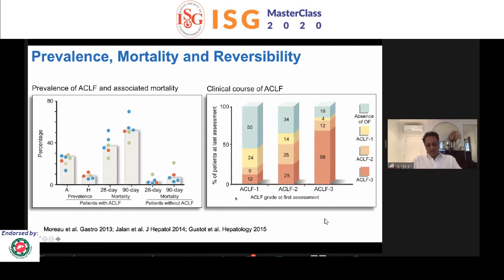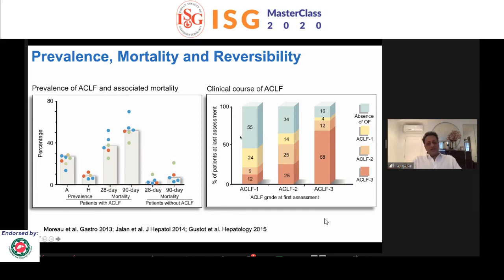And if you look at this slide here for a minute, what you've got on the x-axis here is patients in different ACLF grades, okay? And on the y-axis is the percent of patients at the last assessment. So of all the patients that came in with ACLF, nearly 55% will develop no ACLF, and the risk of death is like that of patients with no ACLF.